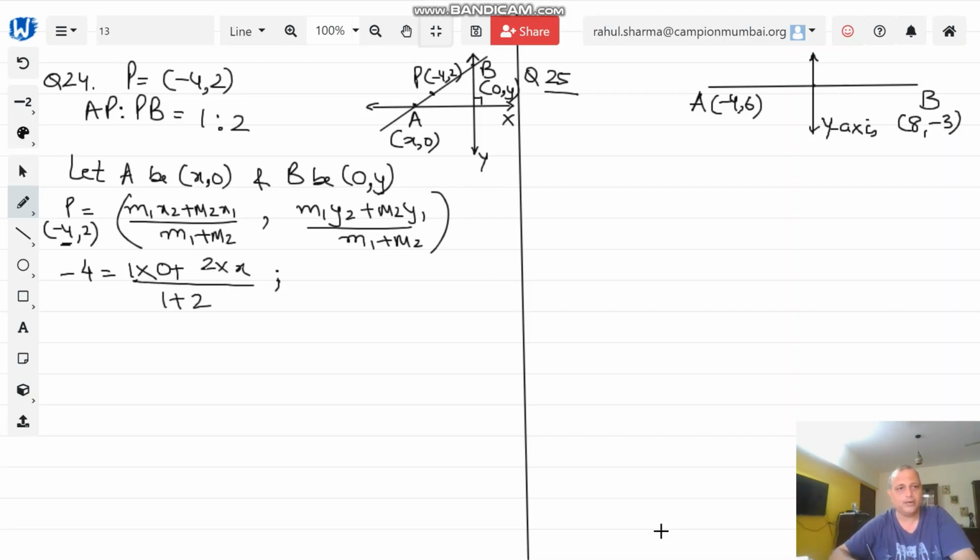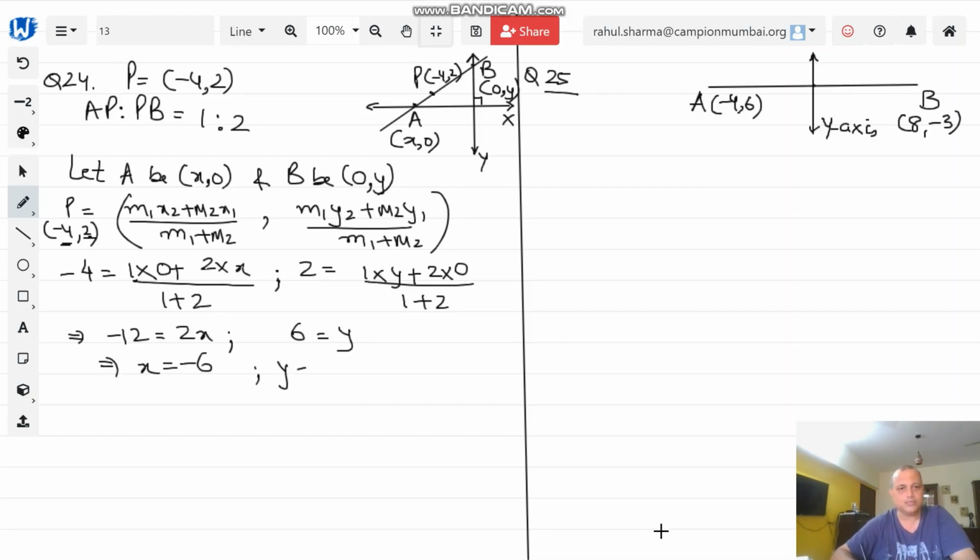And the y coordinate here is 2, which will be equal to m1, which is 1, multiplied with y2, which is y, plus m2, which is 2, multiplied with y1, which is 0, upon 1 plus 2. Let's cross multiply. This is negative 4 into 3, that's negative 12, is equal to 2x, and 2 into 3, that's 6, is equal to y, which means x is equal to negative 6 and y is equal to 6.